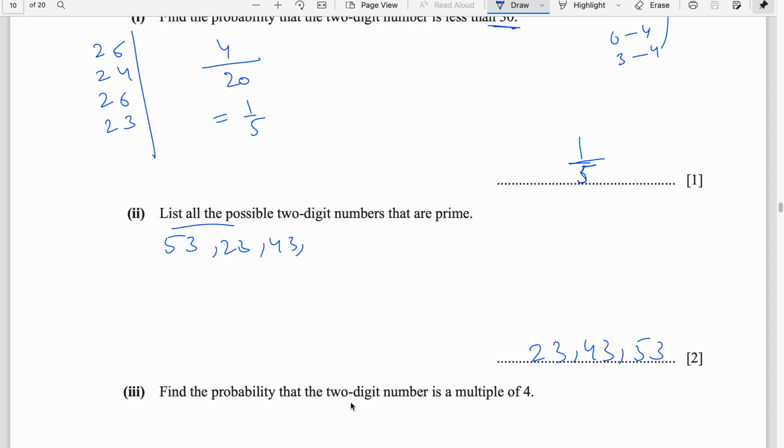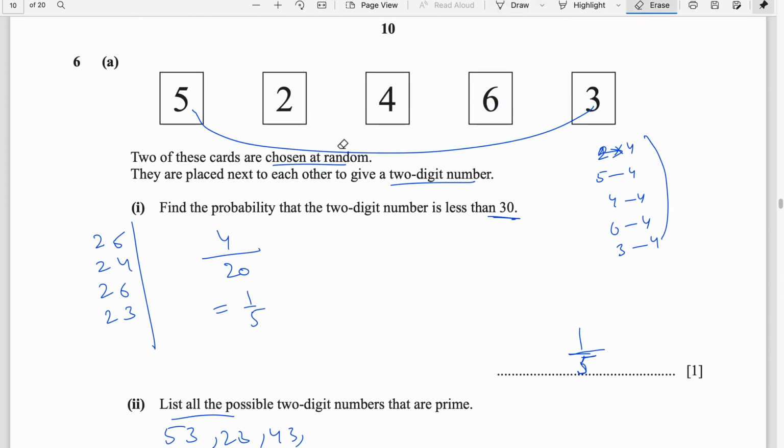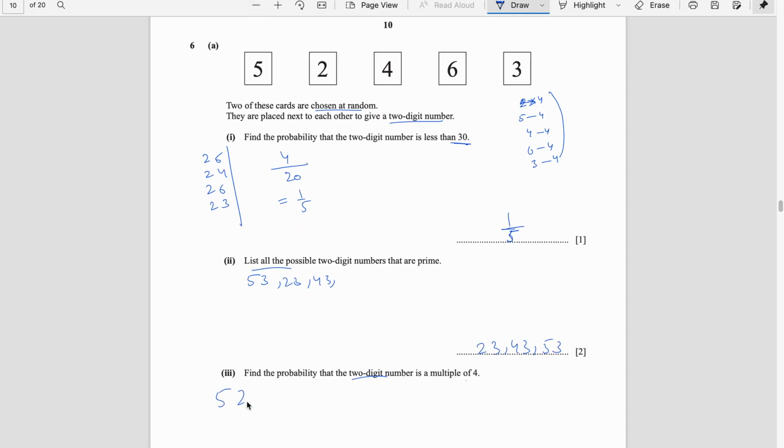Third part says find the probability that the 2-digit number is a multiple of 4. Again, you can just think over the options. You don't have to write all these options. So 52, if it is a multiple of 4, just write it down. 52 yes, 54 no, 56 yes, and 53 no. Same way check with 2: 25, 24, 26, 23 no. Then with 4: 45, 42, 46, 43.